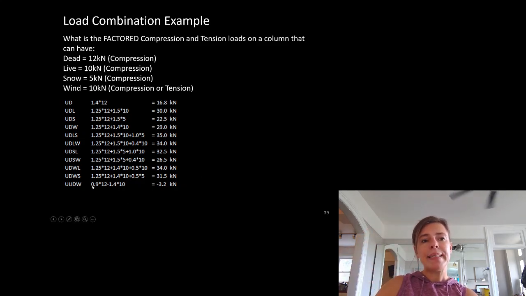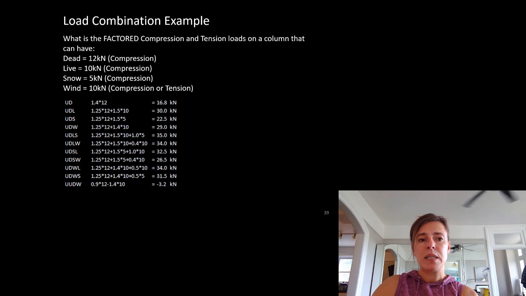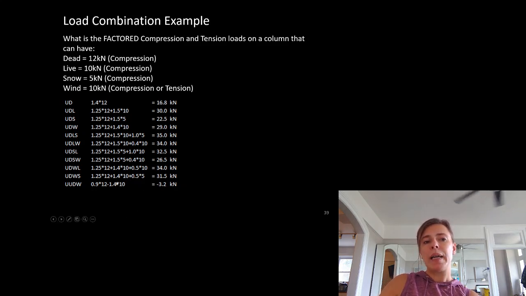So 0.9 times our dead load minus, because remember the dead load's acting down and the wind load's acting up, they're acting in opposite directions, 1.4 times our 10 kilonewtons. And that gives us 3.2 kilonewtons acting upwards.